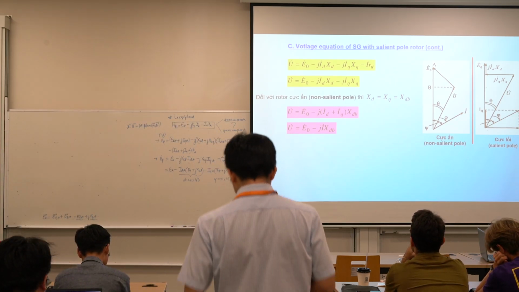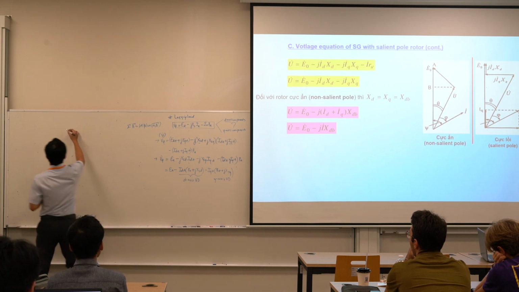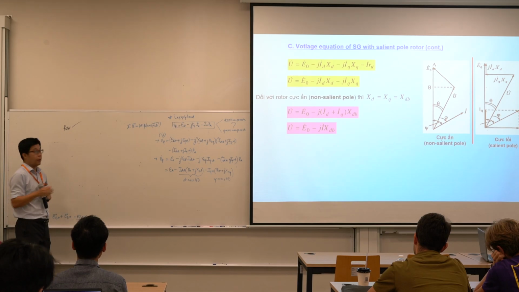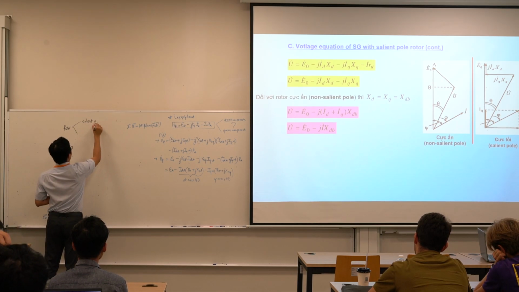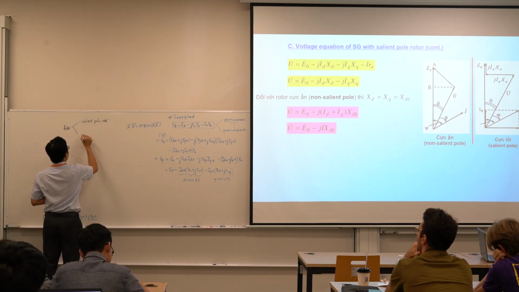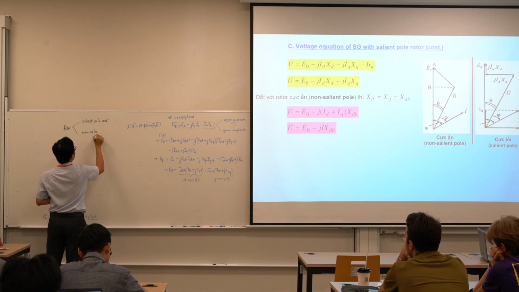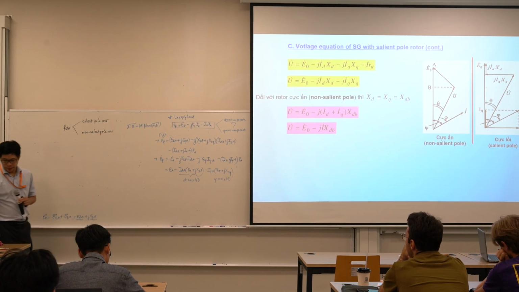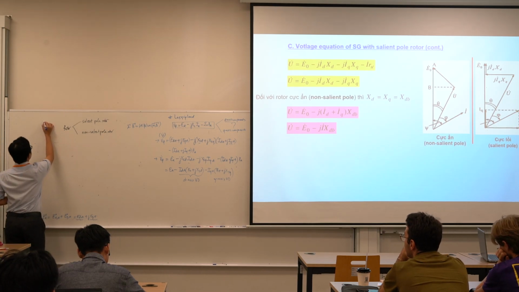Because if we go back to the theory of construction, we have the rotor, right? For the rotor, we have two types of rotors, right? We have cylindrical, non-salient pole rotors, and non-cylindrical, salient pole rotors. Cylindrical, what does this mean?